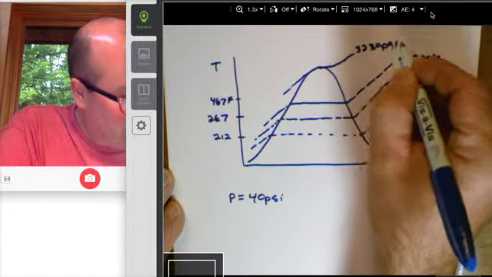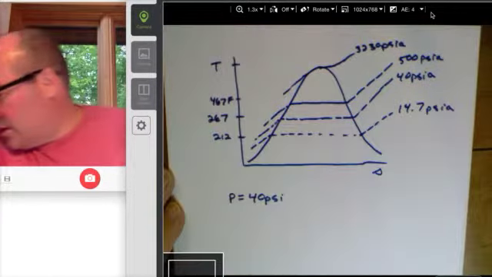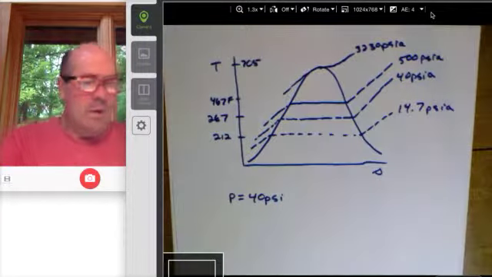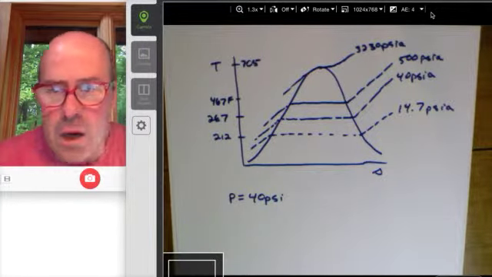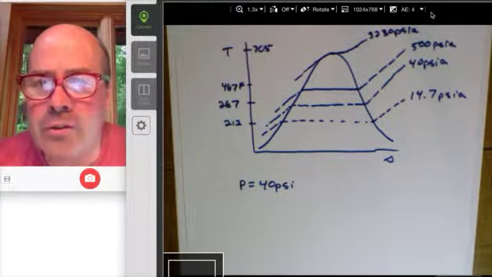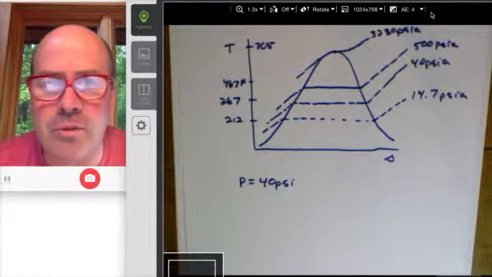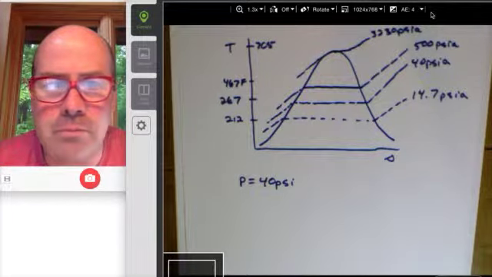And the temperature there is 705 Fahrenheit. That's as high as it goes. Above that point, water doesn't exist as a vapor anymore. It's more like plasma-type properties, and that's called the critical point.